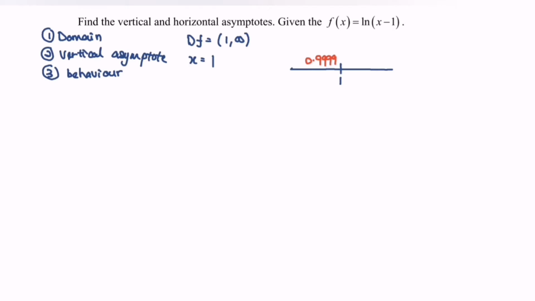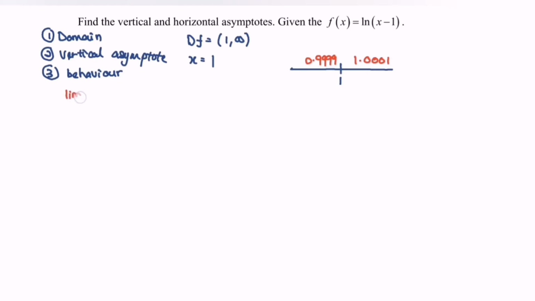As for the right, it will be 1.0001. The suggested values are approaching 1 from the left and from the right. So now we are going to start our discussion, meaning that we observe the behavior when approaching 1.